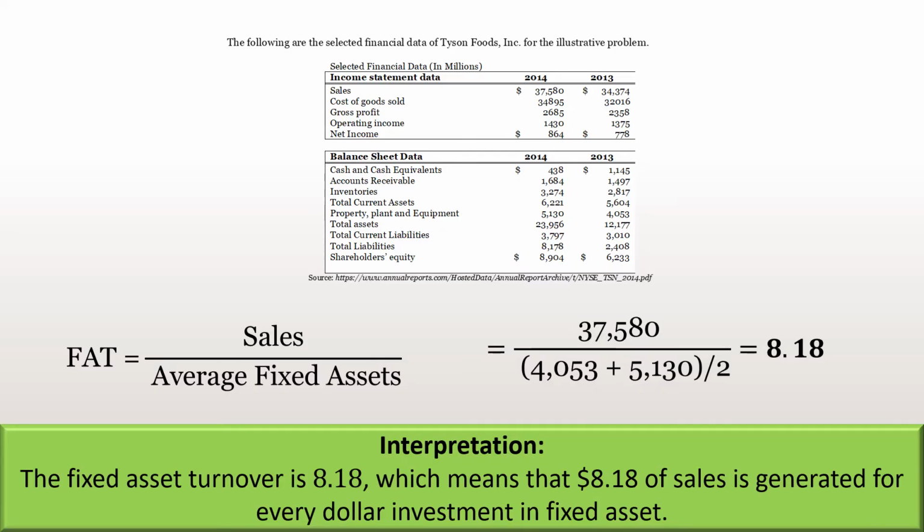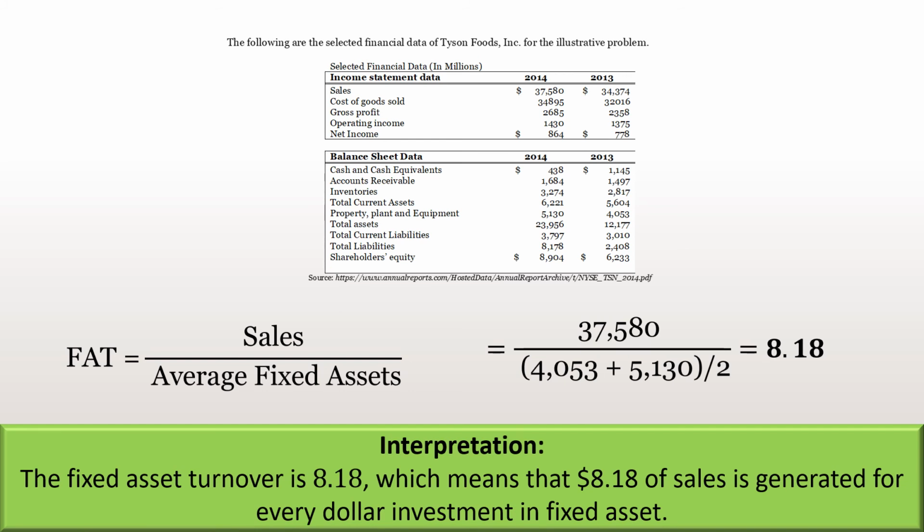So gamitin pa rin natin ang financial data ng Tyson Foods Incorporated. So the sales is 37,580. So to get the average fixed asset, all we have to do is add the value of the property, plant, and equipment for year 2013, which is 4,053, added to the value of property, plant, and equipment in year 2014, which is 5,130, divided by 2.